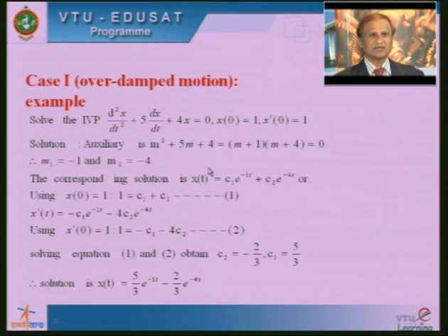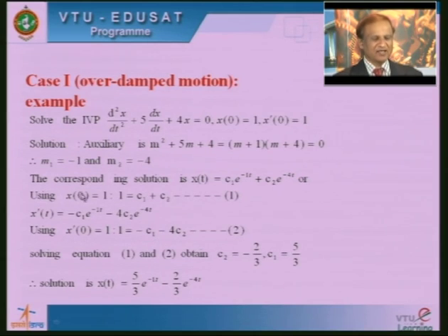How do we get these from the two factors? It is just like a into b is equal to 0: either a is equal to 0 or b is equal to 0. Suppose m plus 1 is equal to 0, therefore m is equal to minus 1, and the other possibility is m plus 4 is equal to 0, therefore m is equal to minus 4. Like that you can obtain these two roots. You observe the roots are real and unequal.